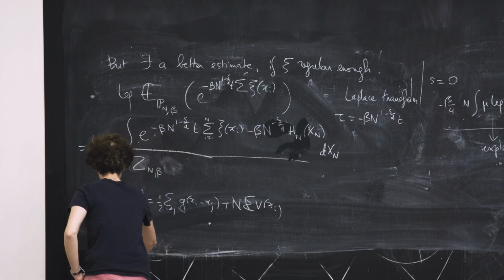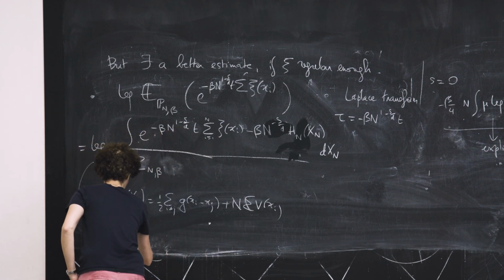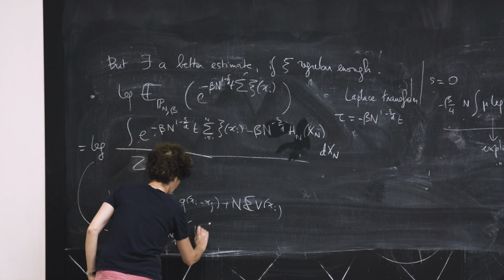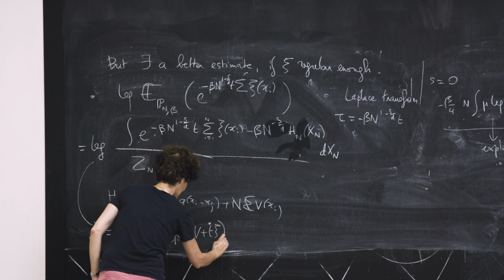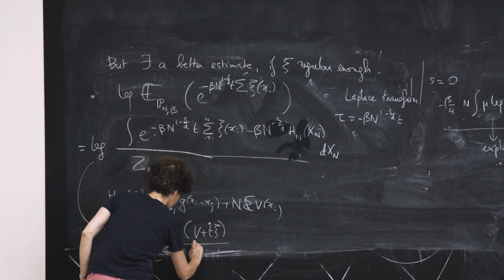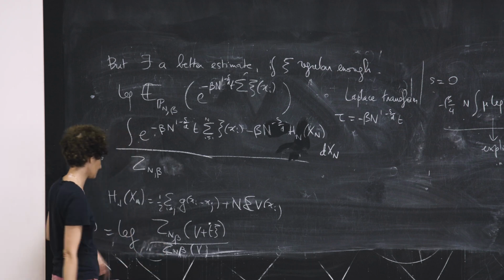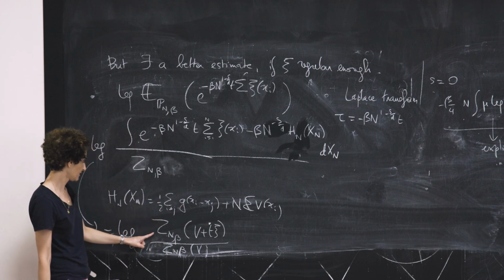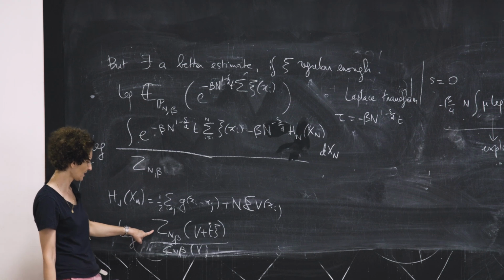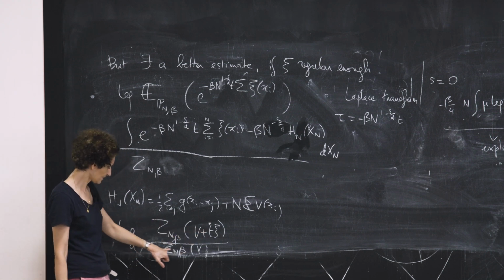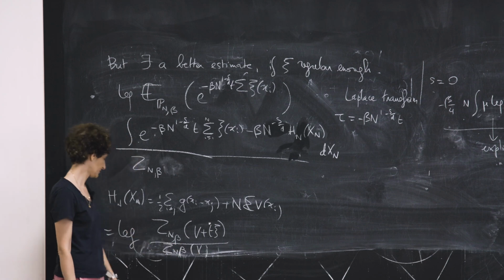And so my claim is that this whole thing is equal to log Z for potential V plus t Xi divided by Z for potential V. Okay, with obvious notation, so now I retain the memory of what the potential is. So it's the partition function of the Coulomb gas with potential V plus t Xi divided by the Coulomb gas partition function for V.